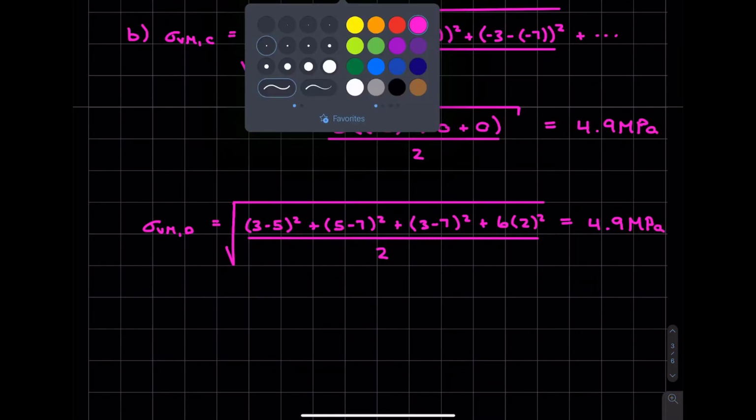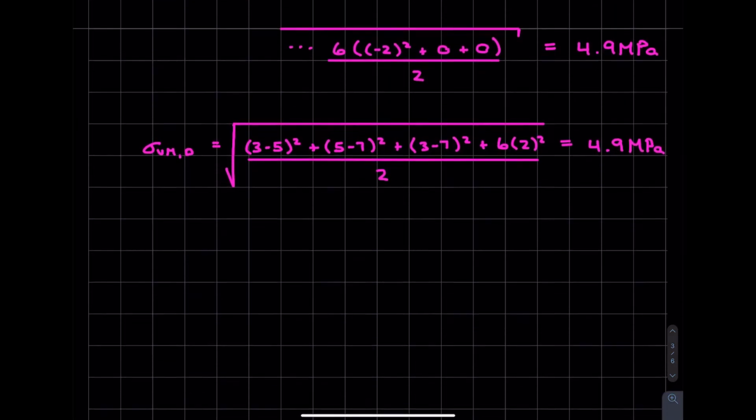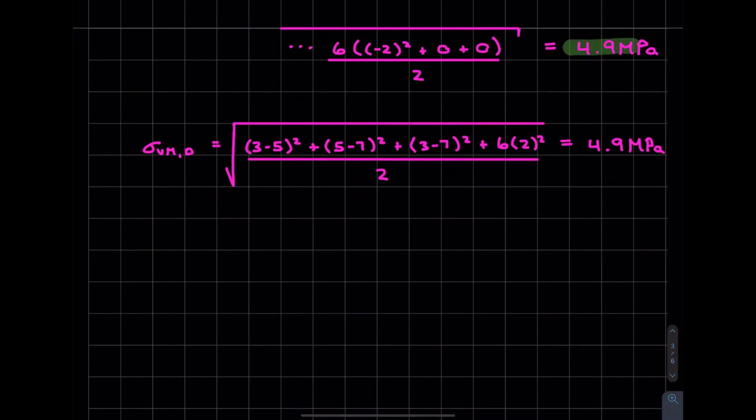So again, I'm going to switch to the marker. If we look at the two, and I'll highlight them, we got 4.9 MPa for sigma C and 4.9 MPa for sigma D. Therefore, the von Mises is the same. So that's the takeaway of this question. The first is that even though we have negative components, our von Mises will always be positive.